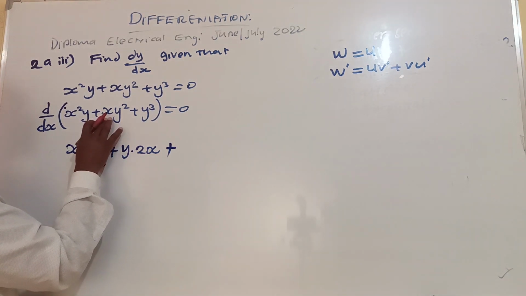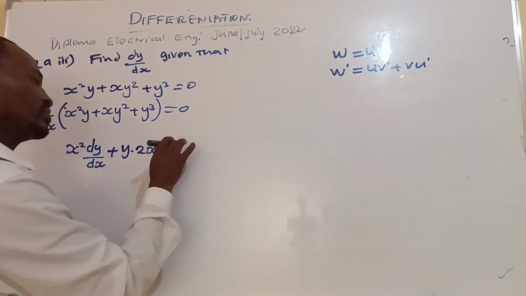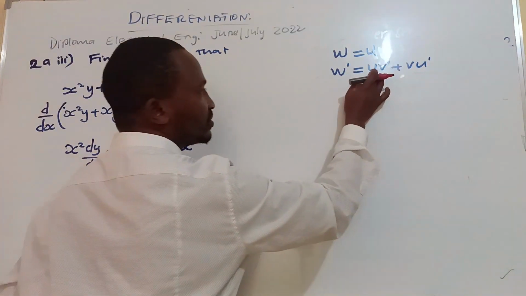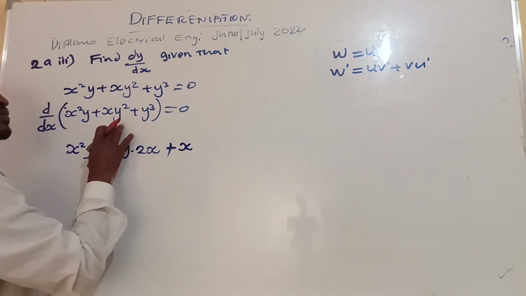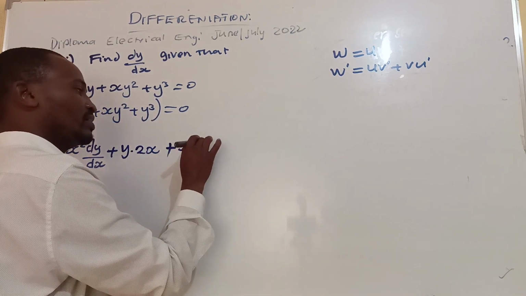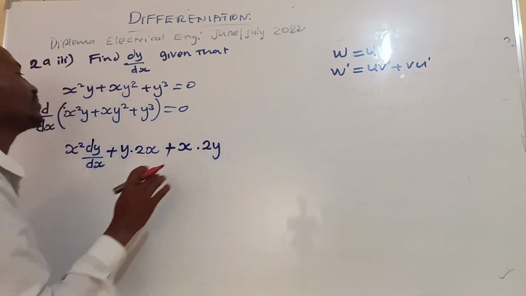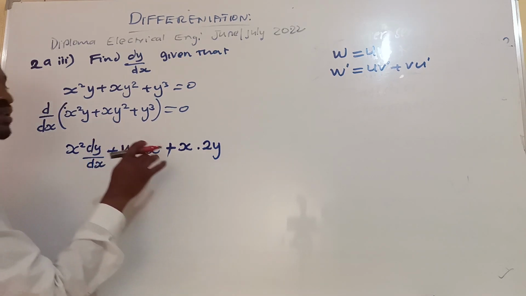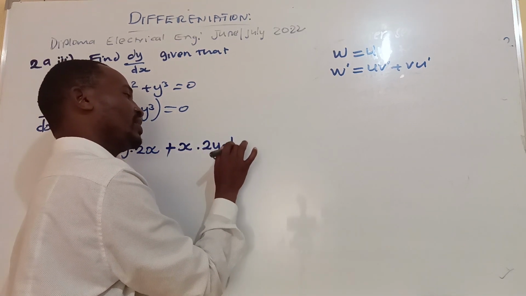The first one, you just take x the way it is because it's u. You take u the way it is, and differentiate y squared with respect to x. It will be 2y, but since y is a function of x, you have to add dy dx.